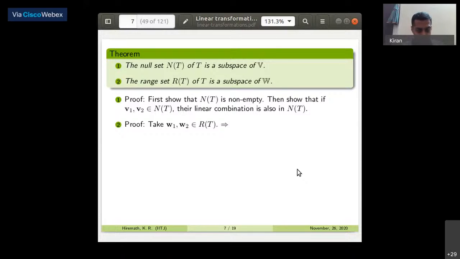If W1 and W2 belong to the range of T, what is the inference you can draw? W1 and W2 are images of some vectors in the domain. There exist vectors V1 and V2 such that their images are W1 and W2.